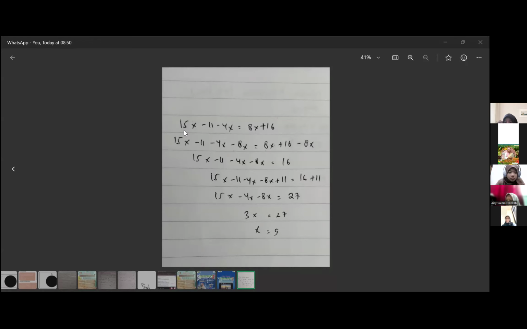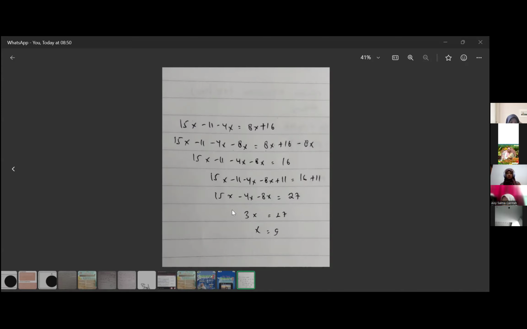Suara saya belum menjadi. Nomor dua. If x equals to x squared, then minus 4x minus 8x is 27.